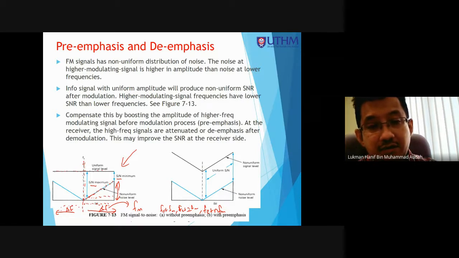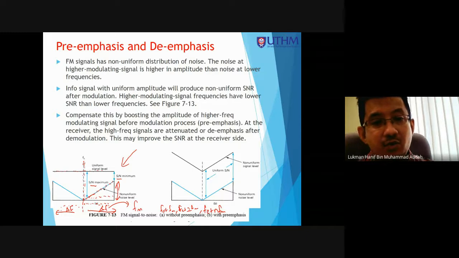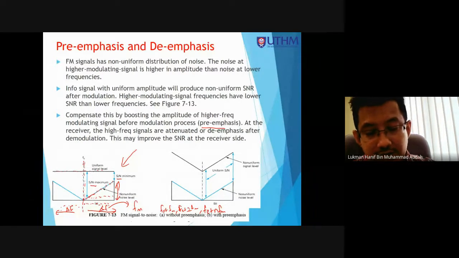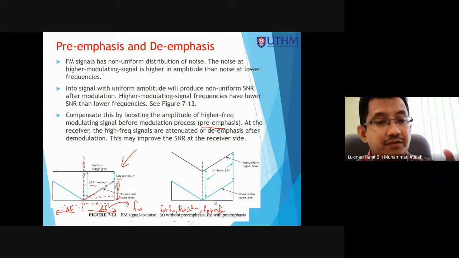So we can increase the amplitude of the input signal at the transmitter before the process of modulation. This is what we call pre-emphasis. And then at the receiver side, we decrease the output signal from the demodulator at the same rate, at the same factor.